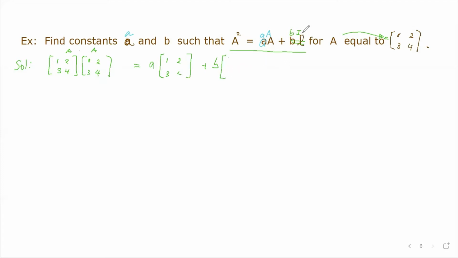So in this case, I gonna be, the order is what, 2 by 2. How do we know from here? Because it's 2 row, 2 column. So I gonna be this one, 1, 0, 0, 1. So you replace I here. So 1, 0, 0, 1.